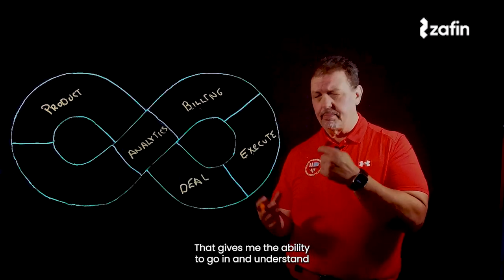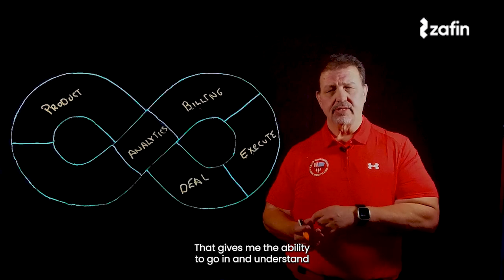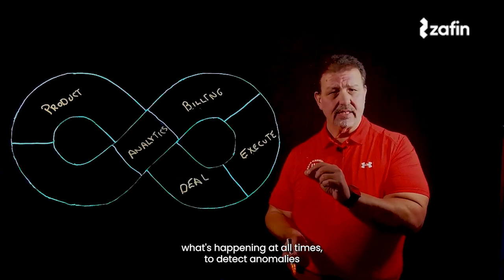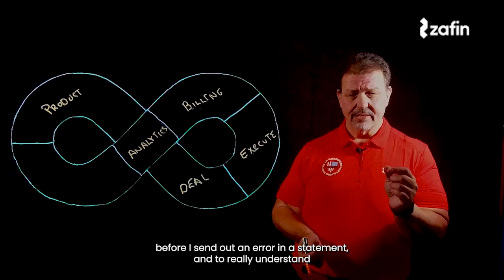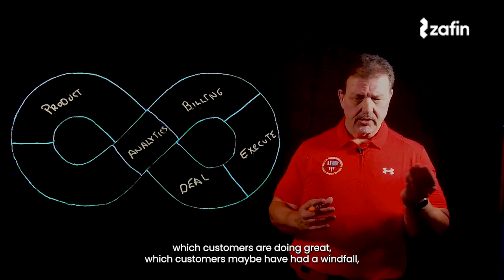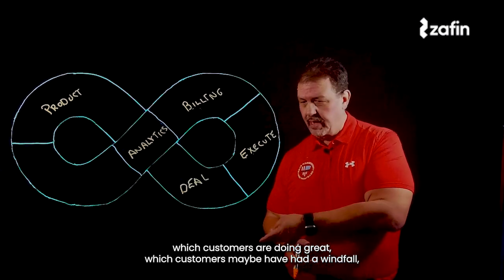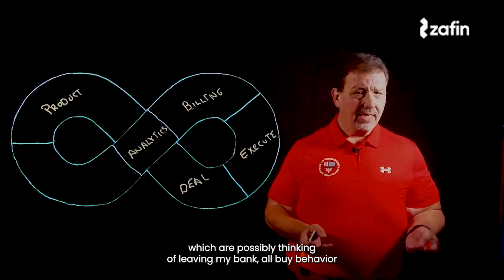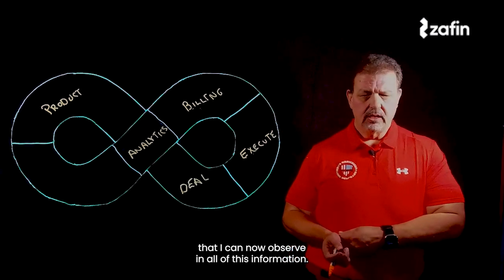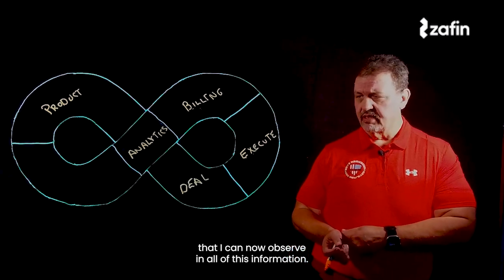And that gives me the ability to go in and understand what's happening at all times, to detect anomalies before I send out an error in a statement, and to really understand which customers are doing great, which customers maybe have had a windfall, which are possibly thinking of leaving my bank, all by behavior that I can now observe in all of this information.